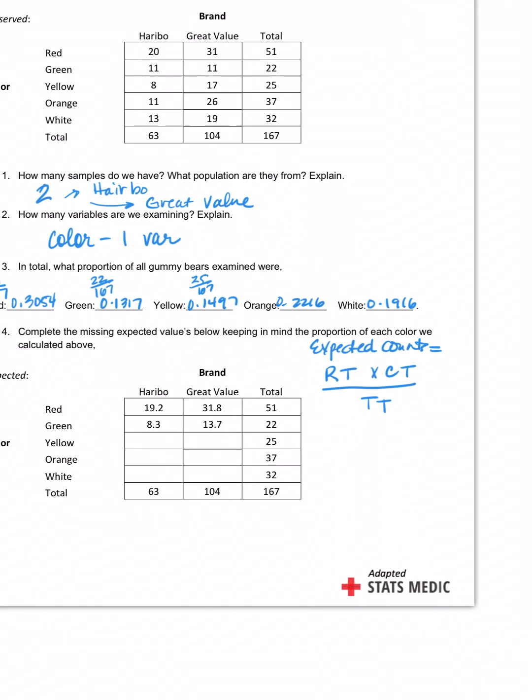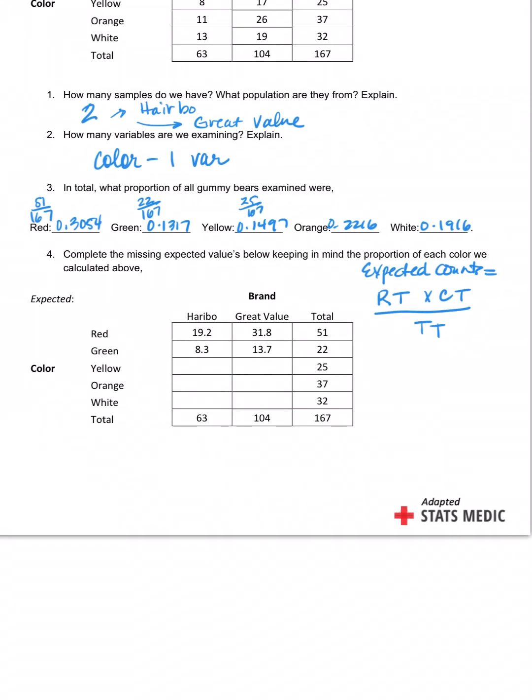I've done the first 2 rows for you, but for Haribo yellows, I would put in my calculator the row total, 25 times 63, divided by the table total of 167.